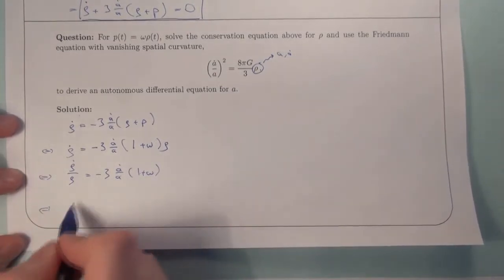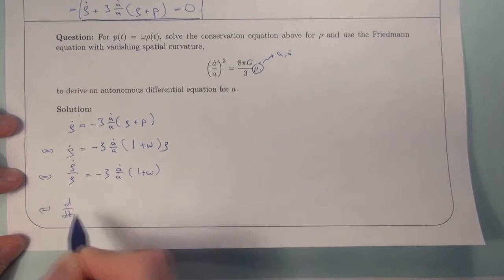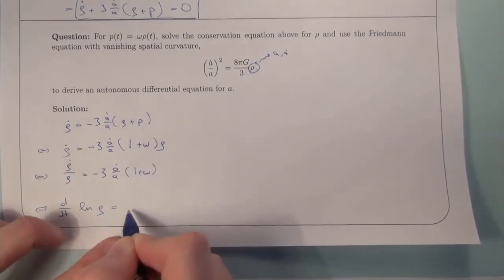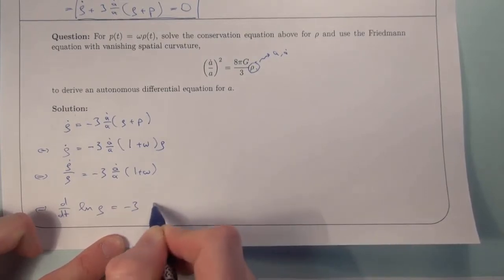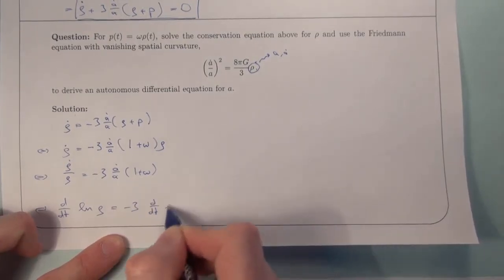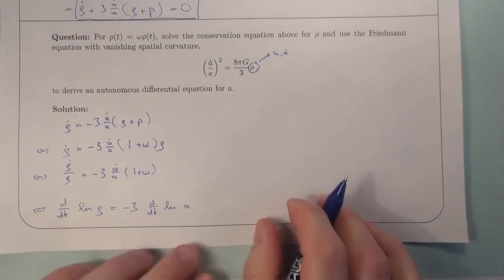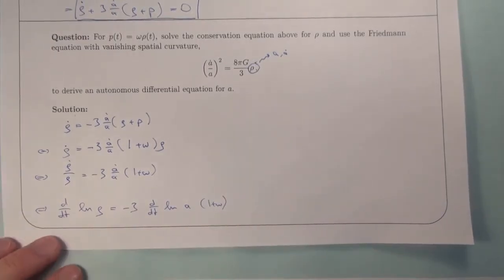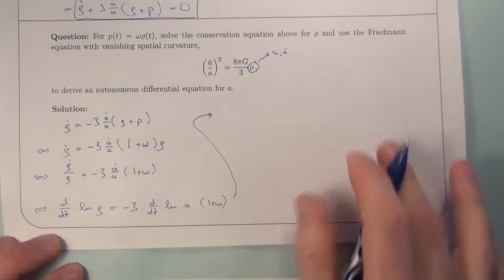And this is the same as d by dt of the natural logarithm of rho, and here the same thing, d by dt of the logarithm of A times 1 plus omega. Now we continue up here.